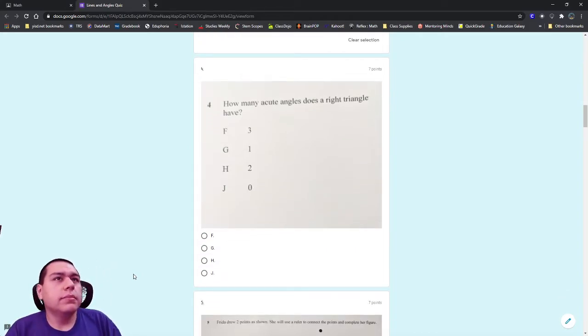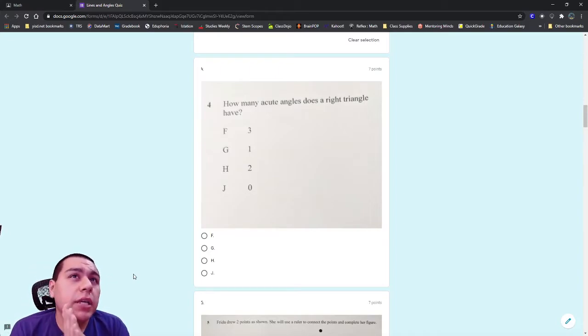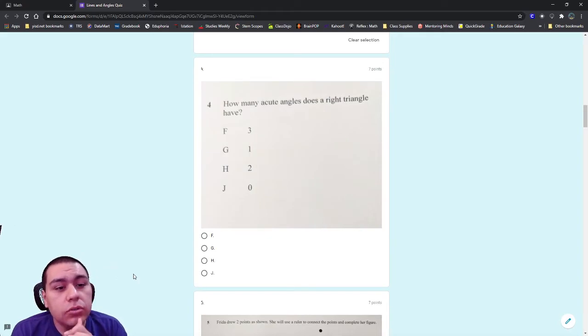This question could have been a little tricky. How many acute angles does a right triangle have? We talked about triangles before. What is a right triangle? Because I mean, we know what a triangle is, but what's a right triangle? What is special about a right triangle that makes it different from just a regular triangle?